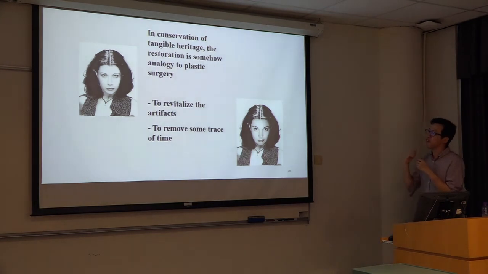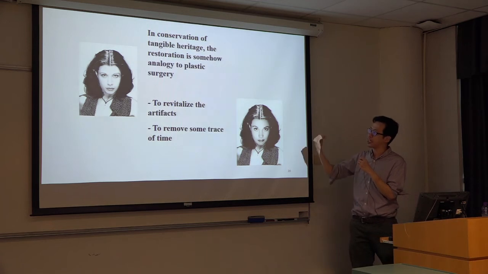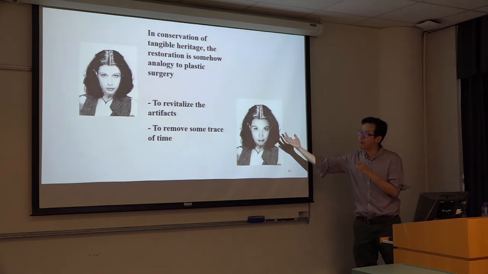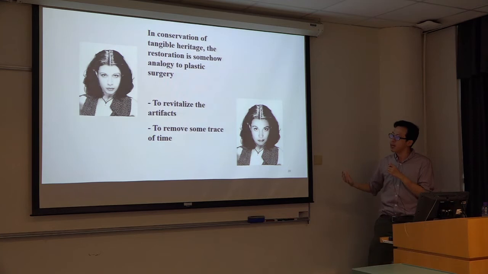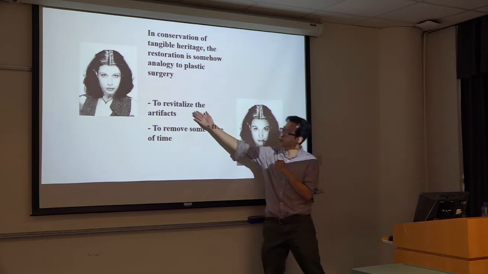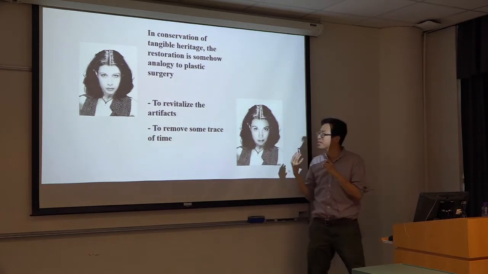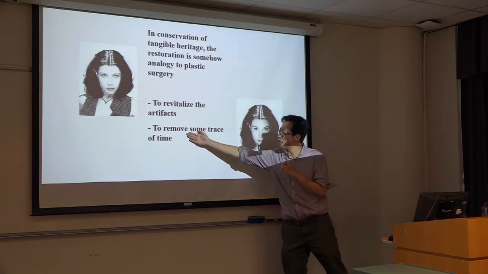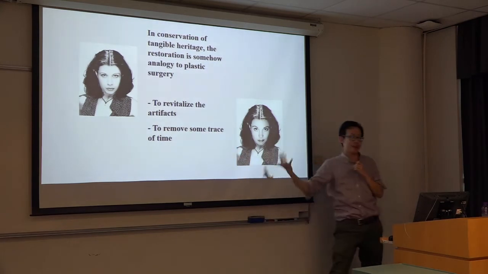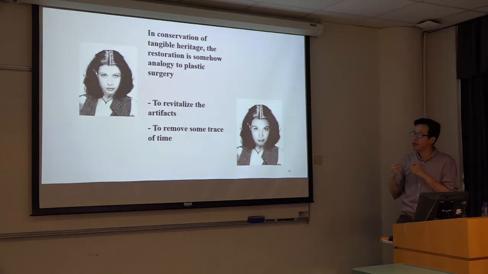So in conservation of tangible cultural heritage, conservation or restoration is somehow similar to plastic surgery to a certain extent. We are trying to revitalize the artifacts, just like we revitalize our face, right? And also we are trying to remove some trace of time on the face, for instance, to fill the crack or to repaint the pigments on a building. But here is a very critical question.